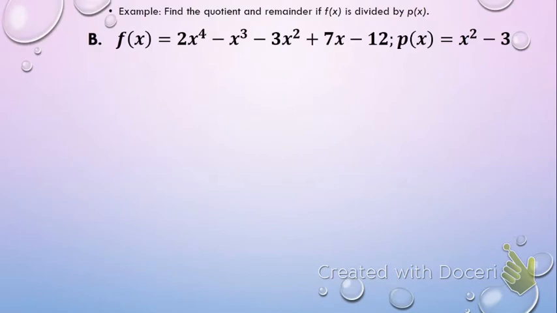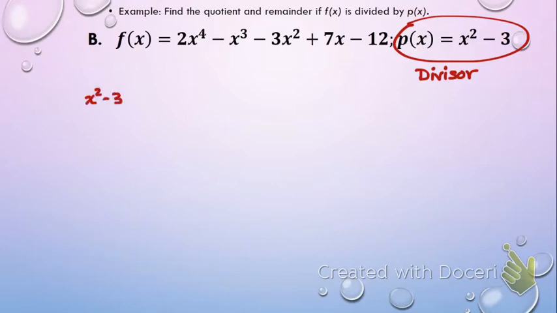All right, let's try this one. What is going to go on the outside? x squared minus 3 goes on the outside. This is my divisor. So x squared minus 3.